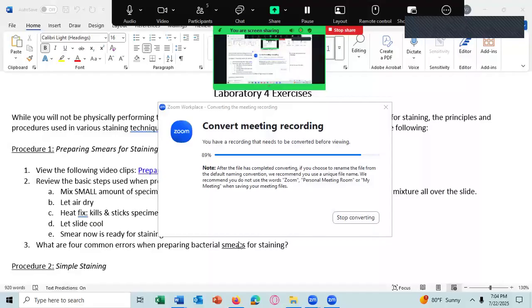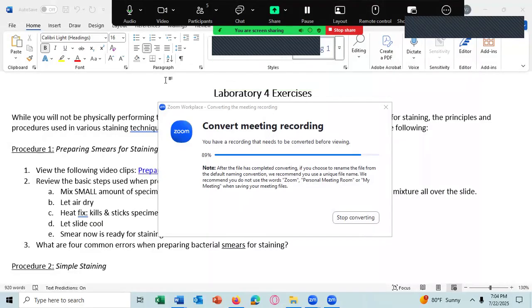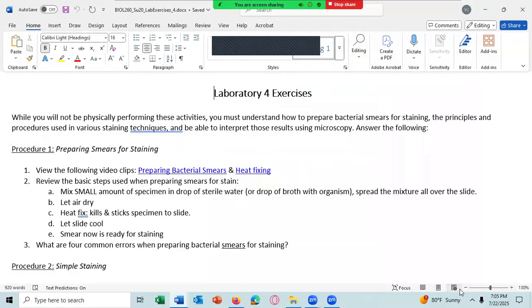All right, my computer's going to be a little slow because it's still making the lecture file. Let me share my screen here. So we're only 89% done on the lecture file. It's still a little big, but I'll use that.